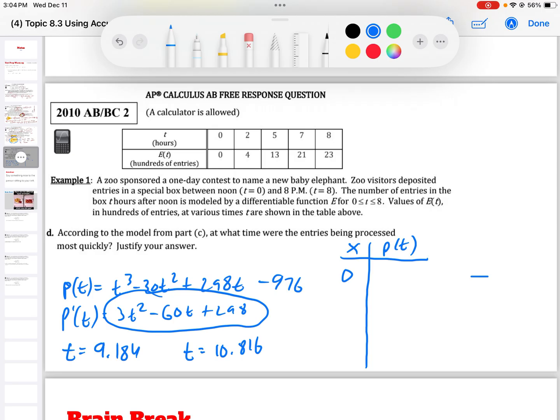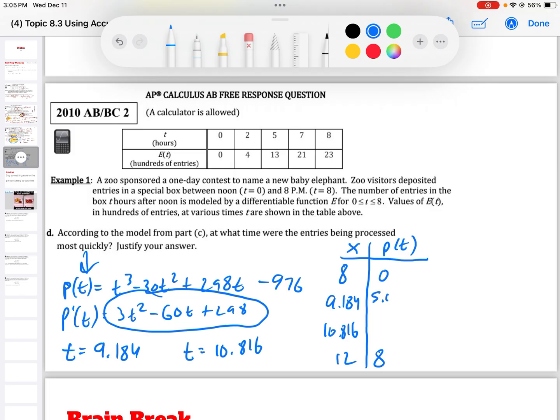But my candidates, there are 4 candidates. It would be the endpoints. So I started at 0 and ended at midnight. No, I didn't start at 0. I started at 8, right? Didn't start processing until 8. Then 9.184 and 10.816. And this is calculator active, so I can just plug in x equals 8 for P, and I would get 0.